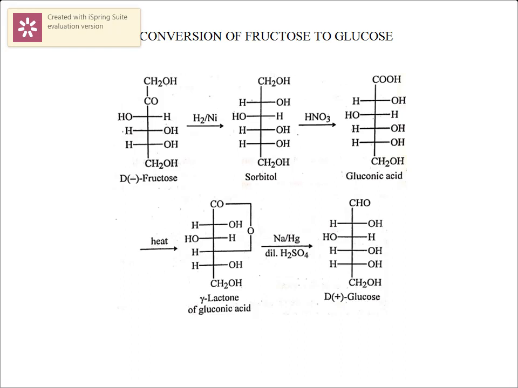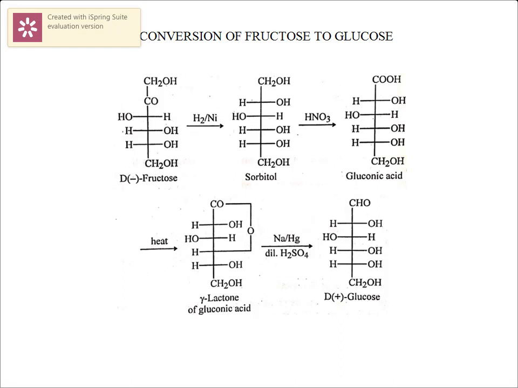So now we have to change the terminal CH2OH to a CHO group. For that, first we are oxidizing CH2OH to a COOH group. In presence of HNO3, sorbitol gives gluconic acid. That CH2OH is converted to a COOH group. That is the second step. And now the remaining step we have already seen in other conversions.